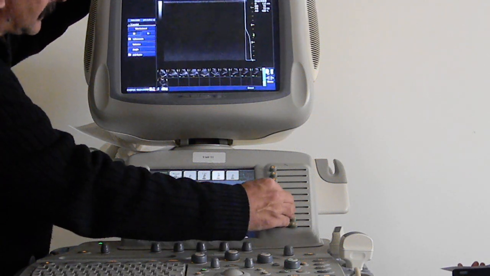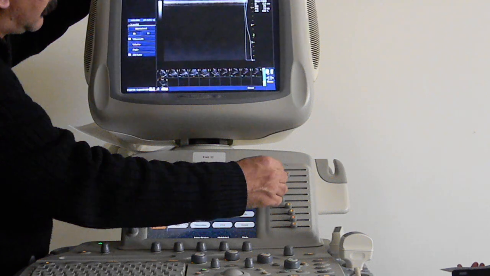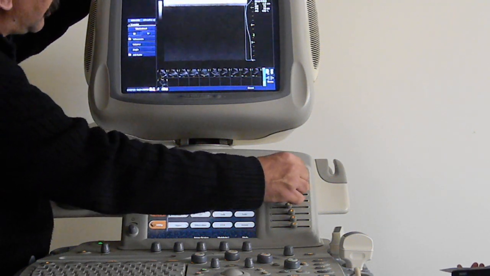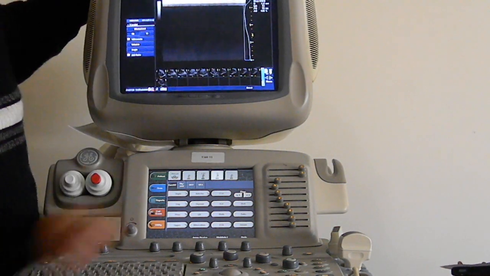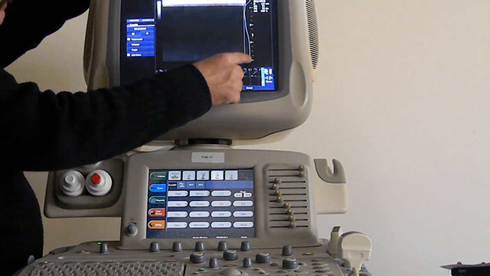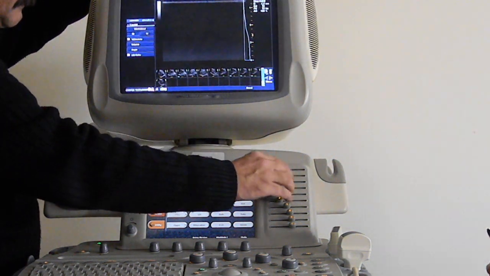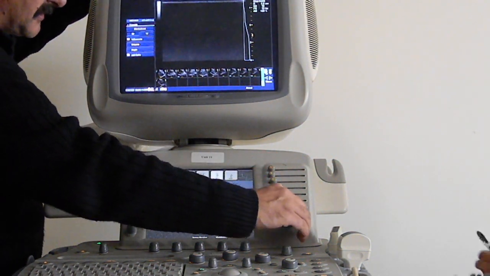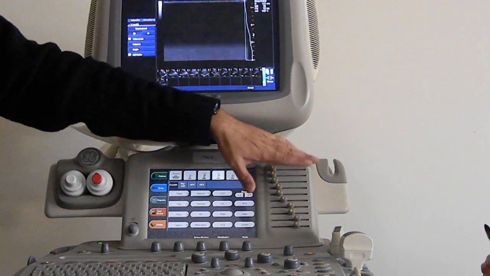If I just move it all like this, you can see that's immediately a line here which indicates your attenuation. Oh, sorry, compensation. So that is your TGC.